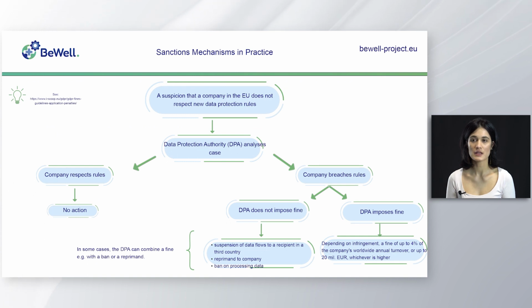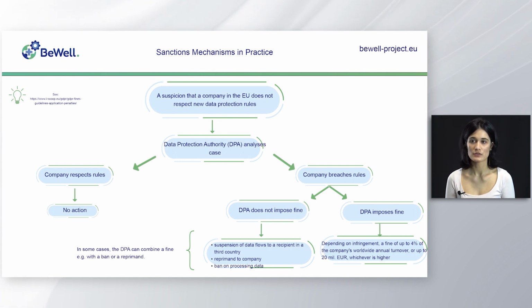Sanctions mechanism in practice. The GDPR has several penalties and several sanctions which can be applied by the Data Protection Authority and sometimes can simply be combined as the illustration of the sanction mechanism below shows. Although the focus in this graphic is mainly from the perspective of the DPA and the case. 1.